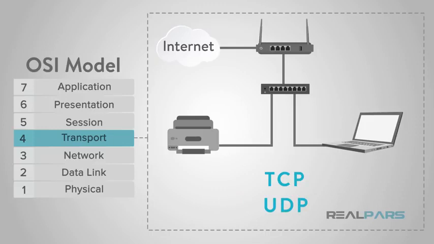Other protocols may provide additional capabilities, including error recovery, data flow, and retransmission. Once the transport layer has completed its function, the data is then passed to or from the network layer.